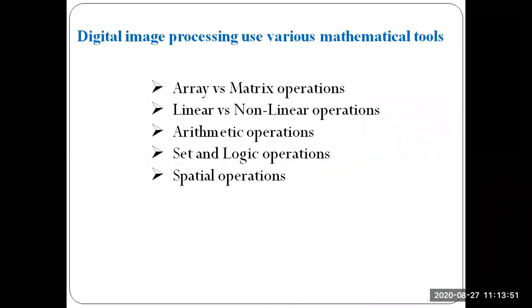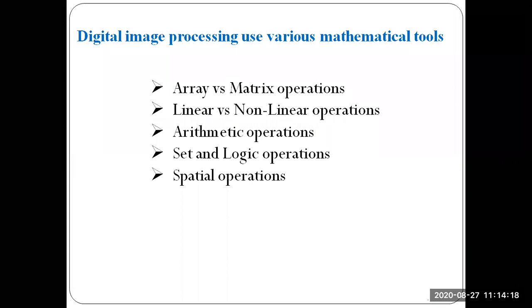So I am reading the first unit's half-part topics once again. Just note down: introduction to image processing, fundamental steps in digital image processing, components of an image processing system, image sensing and acquisition, image sampling and quantization, basic relationships between pixels, and mathematical tools used in digital image processing.